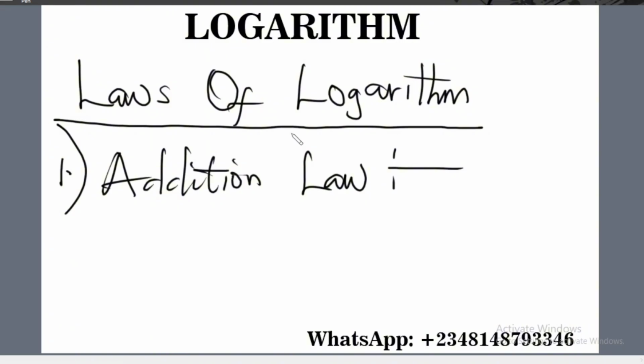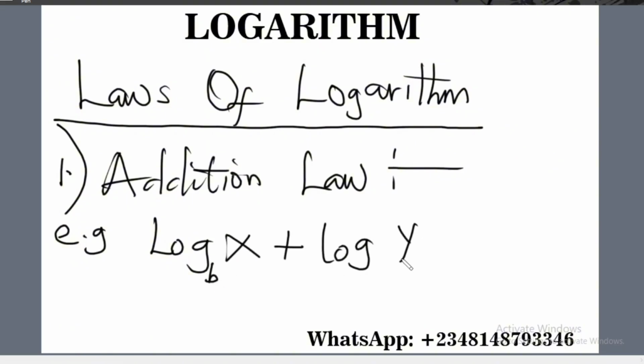So let's take an example for proper understanding. Here we have log x to base b plus log y to base b. How do we solve this? Remember the addition law of logarithm. It states when two logs with the same base are added, simply write the answer as the product of the arguments.